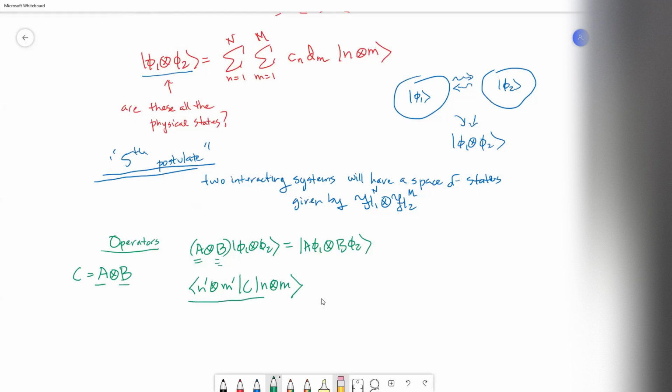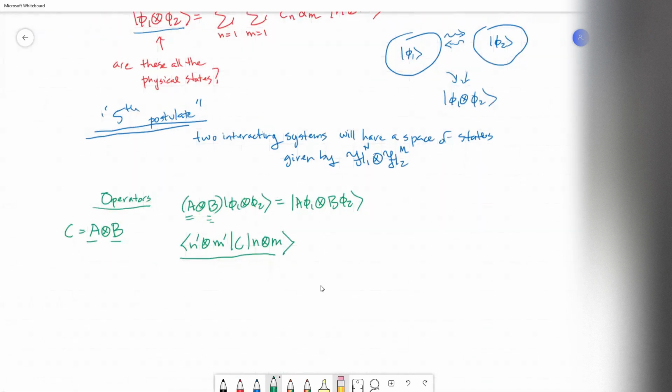If you wanted to construct matrix elements, it's the same as the inner product that we had before. You will just have matrix elements for the first subsystem multiplied by the matrix elements of the second one. So that's how tensor product operators work. But it's possible that you have some operators that don't break up this way, that kind of mix the different vectors in your tensor product space, not in this independent way.